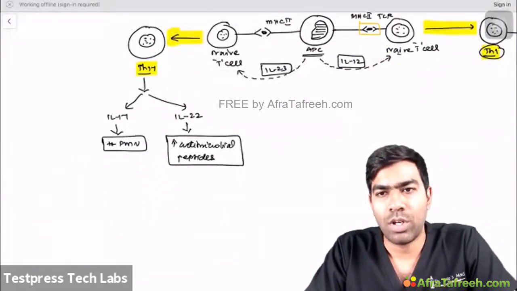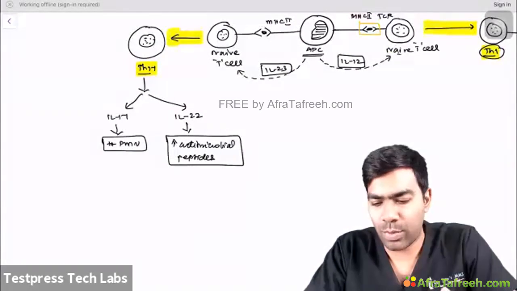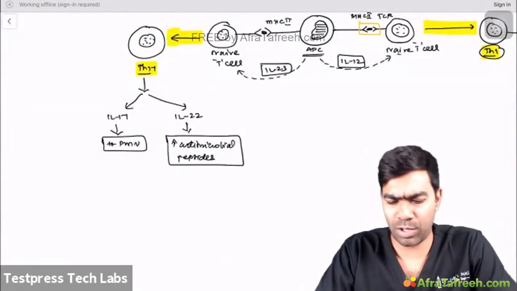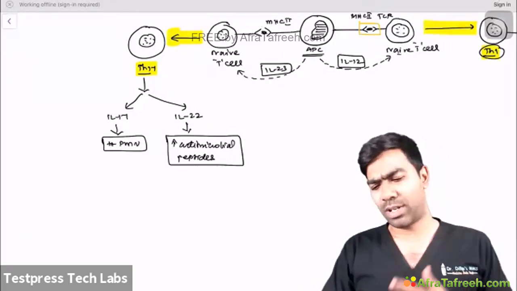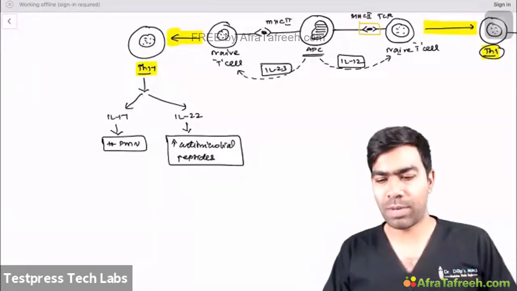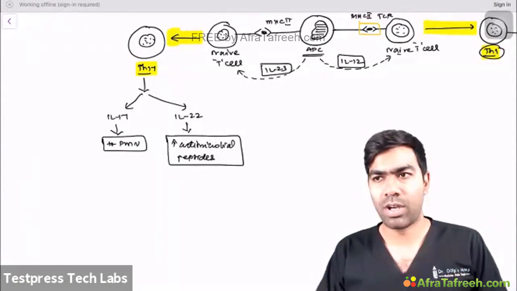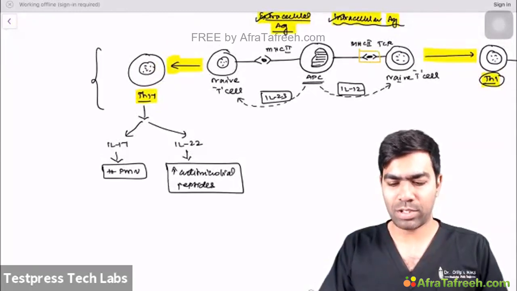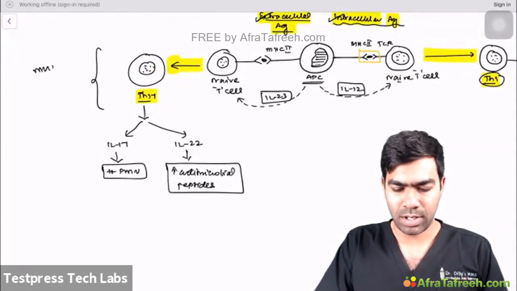Fine. So yes, IL-22 means they're going to increase the antimicrobial peptides, and this is very important. You can see that neutrophil recruitment, extracellular antigen, antimicrobial peptides, all these are very important for our mucosal immunity. So that is why this T helper 17 response is more often thought to be for mucosal immunity.